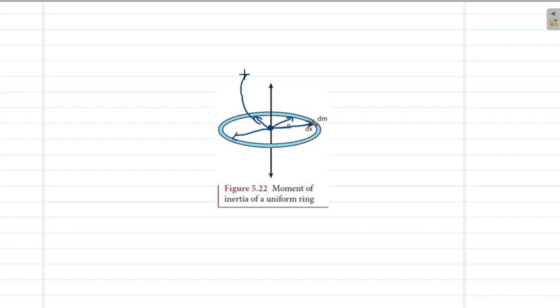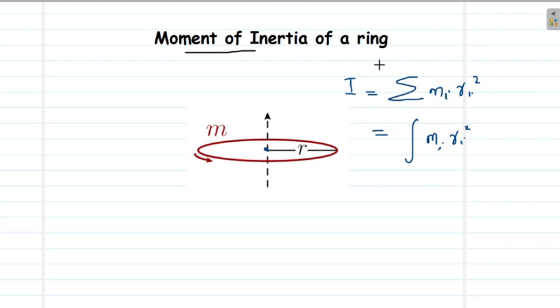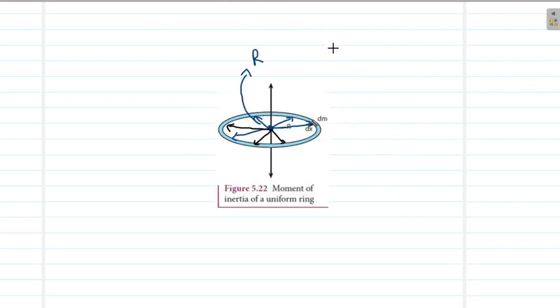It is always the radius R. In the earlier case of a rod, the distance from the axis to each mass element varies depending on the position of the element. But due to the symmetry of the ring, the distance from the axis to these mass points remains constant. So instead of different x values, we may fix a single r value.